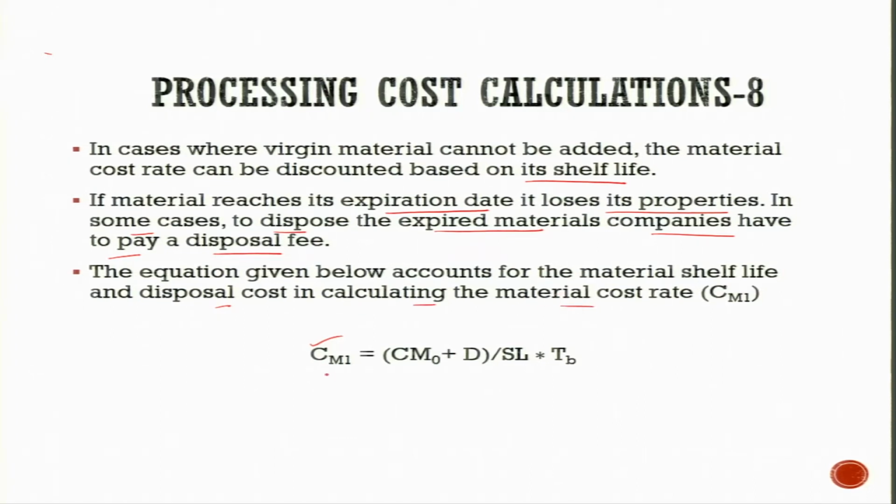That the cost of the material is equal to the cost or rate of the virgin material added, as given in the previous slide as well, plus T, that is the material disposal cost. This sum of the cost of the virgin material and the material disposal cost is divided by the shelf life.